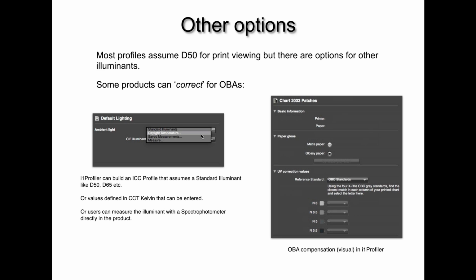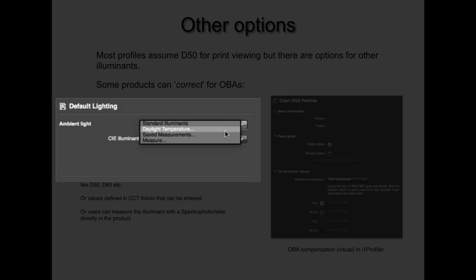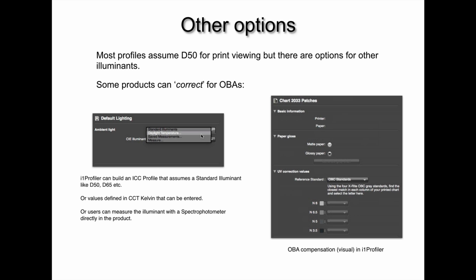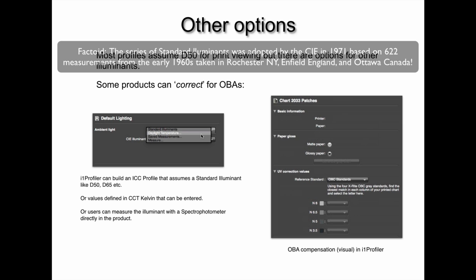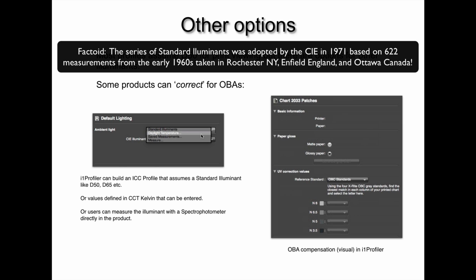Some other options, for example, on the left, you see a setting called default lighting. Most ICC profiles assume that the print will be viewed under a D50 illuminant. I'm not going to go into the details here about D50 and how the only real D50 illuminant that exists is 93 million miles away.